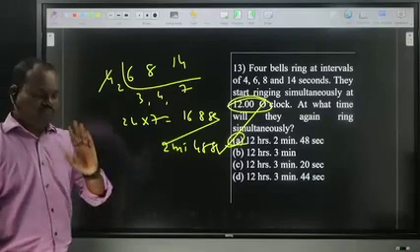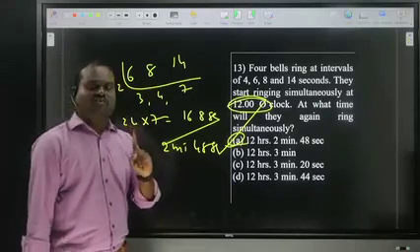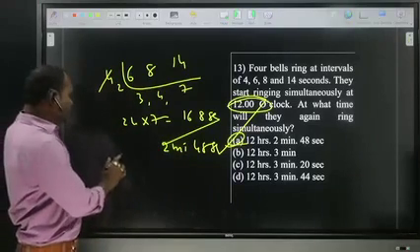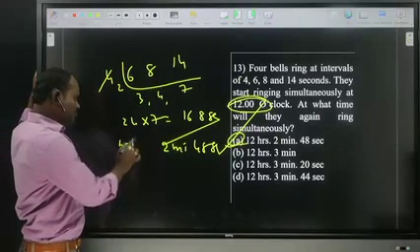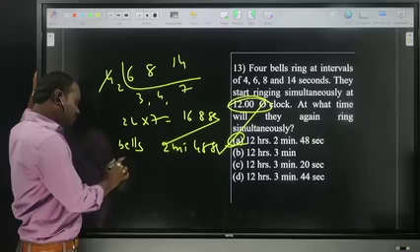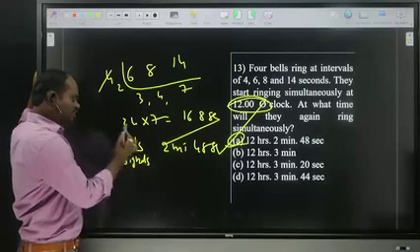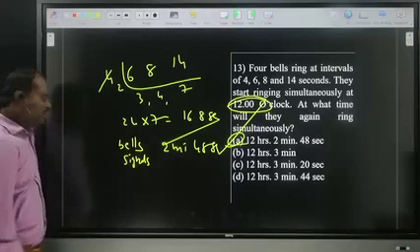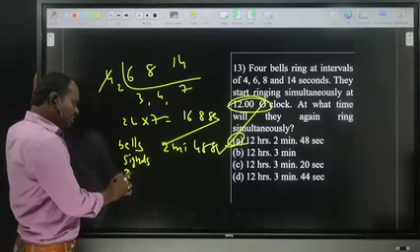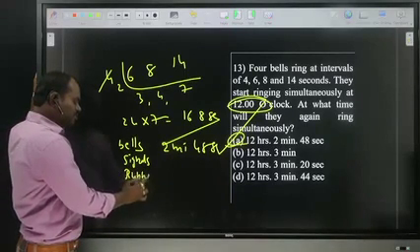Here bells are given. Sometimes they will give traffic signals. In some problems, persons are running in a circular track.